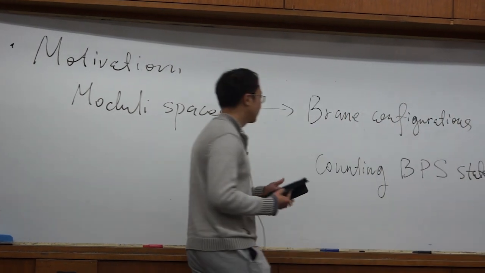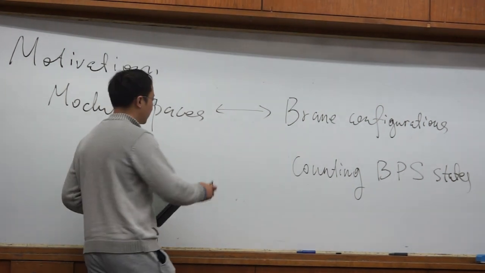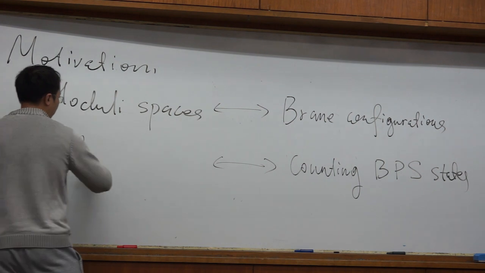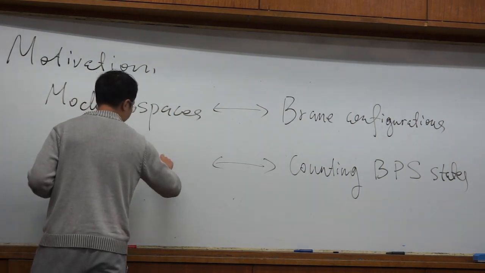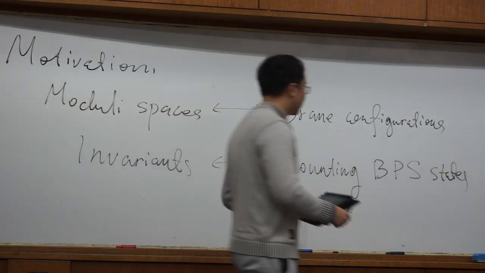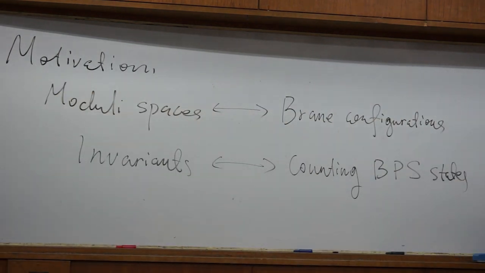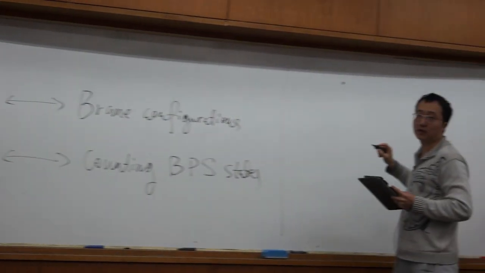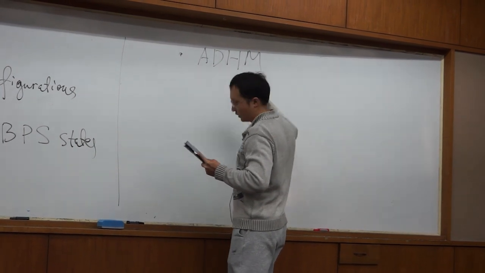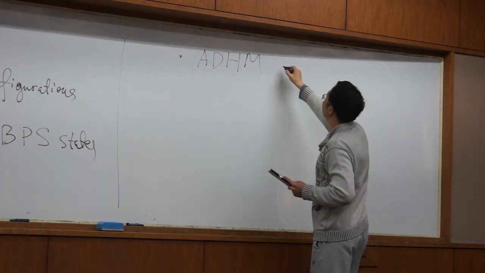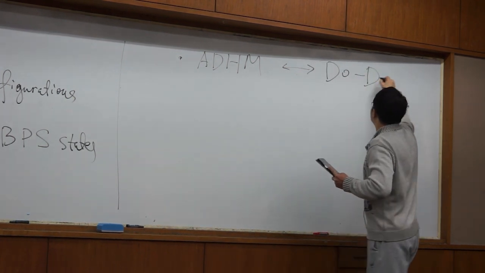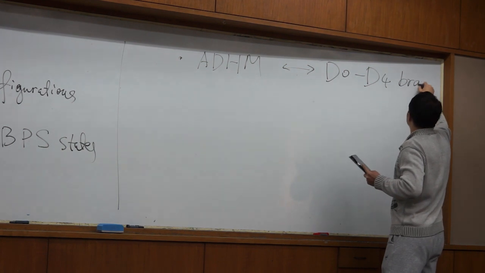By counting the BPS states, interestingly, many of these countings are related to different invariants for the moduli spaces. Let me give you some examples. One novel example is the ADHM construction of the instanton moduli spaces, which is closely related to the D0-D4 brane systems.